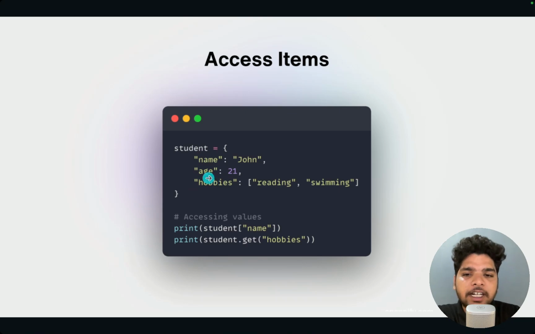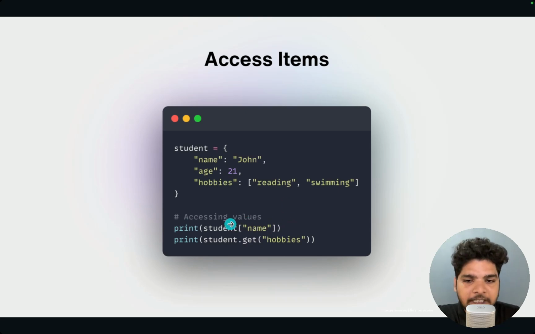How can I do that? First I write the name of the dictionary, student. Then inside square brackets I mention the key. In an array we use an index, but similar to an array, for a dictionary we use the key. That is the change.